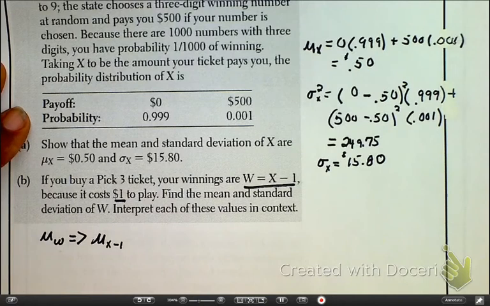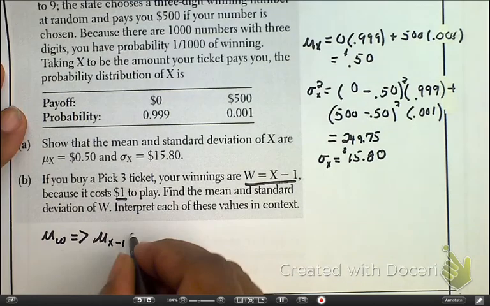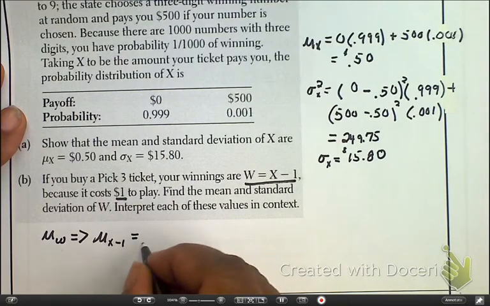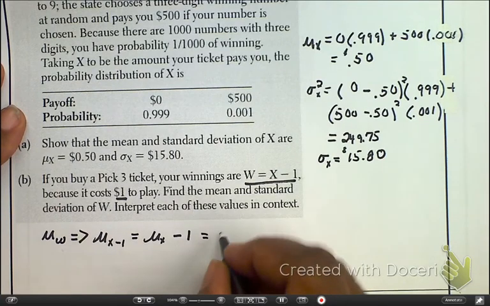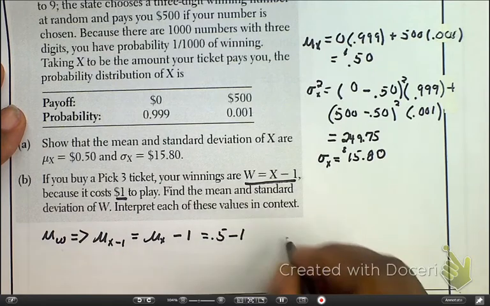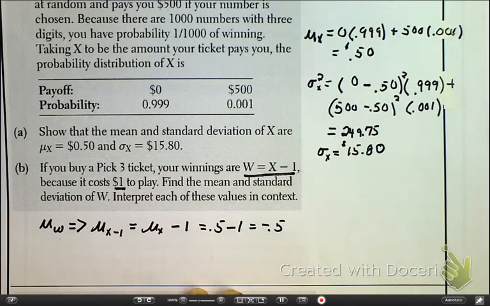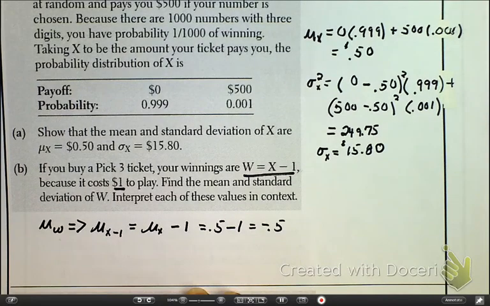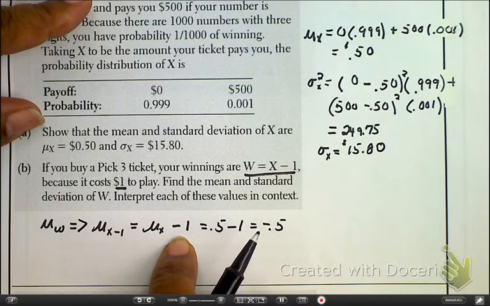That mu sub winning is going to equal mu sub x minus 1, which is your 0.5 minus 1, which is going to give me a negative 0.5. Remember how we've talked about all that minus 1 does is it's going to take my means and shift them all, in this case, shift them down 1.